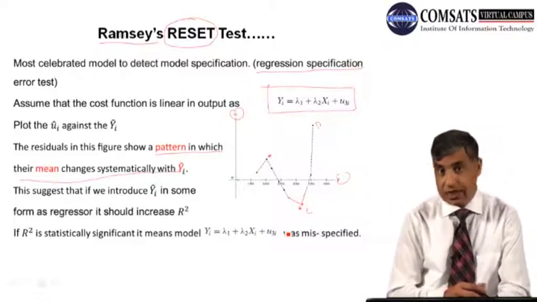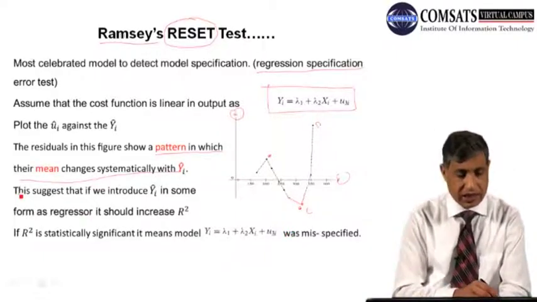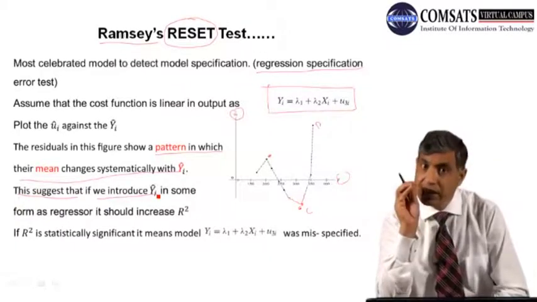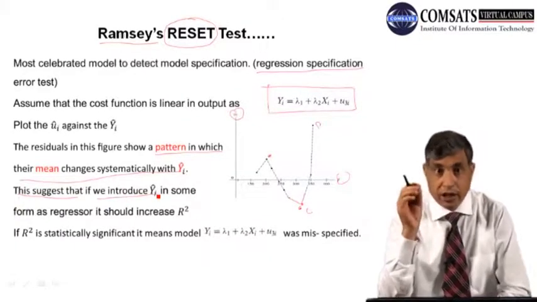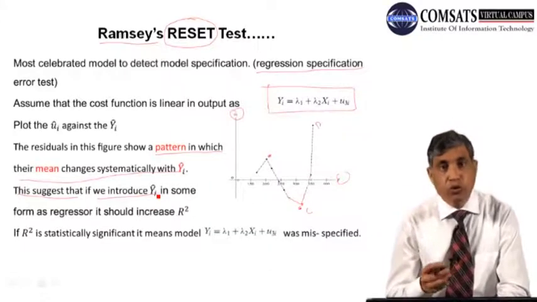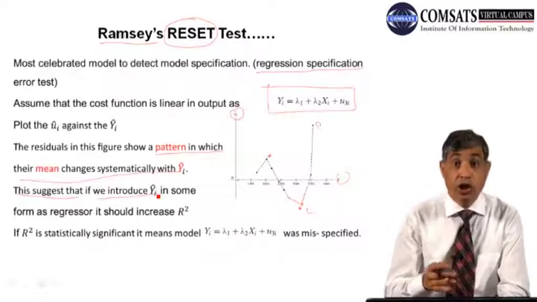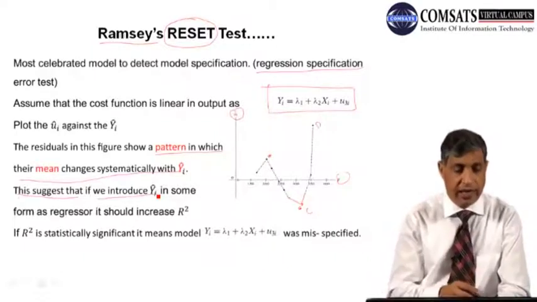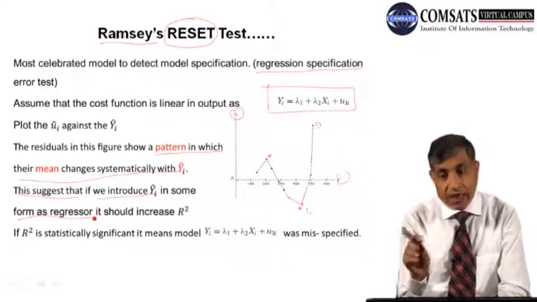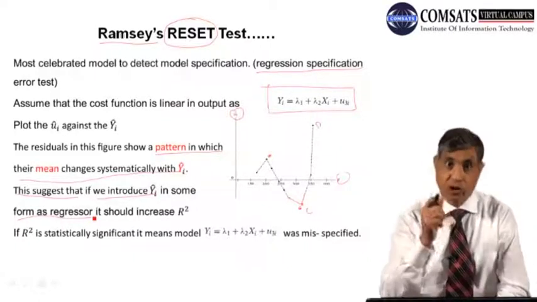What does this suggest? It gives us a hint, an indicator, a positive point, that we should introduce yi hat as a new independent variable, as a regressor. We have checked here that there is a link between yi hat and ui hat.